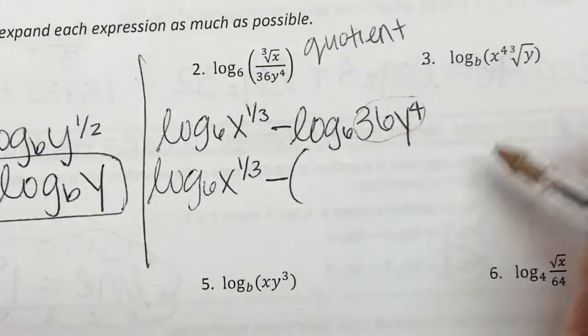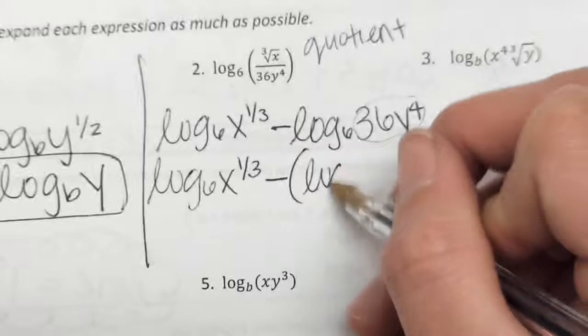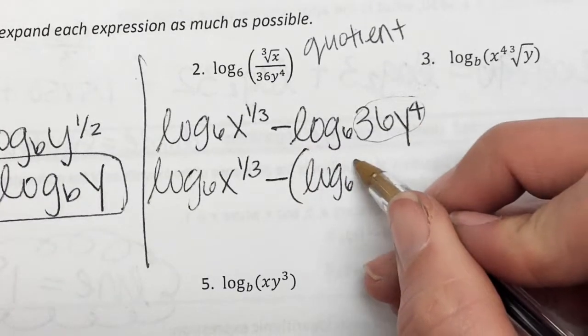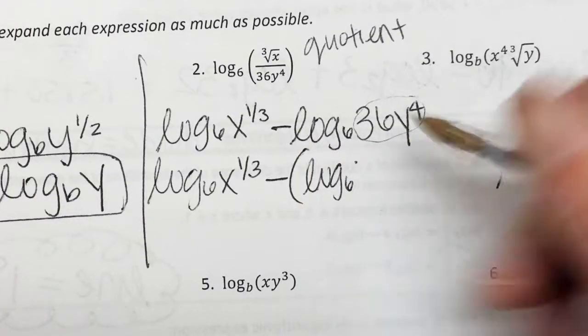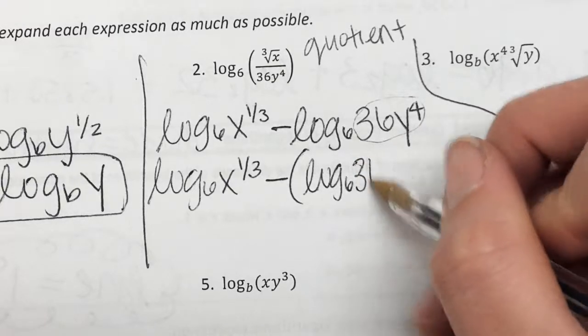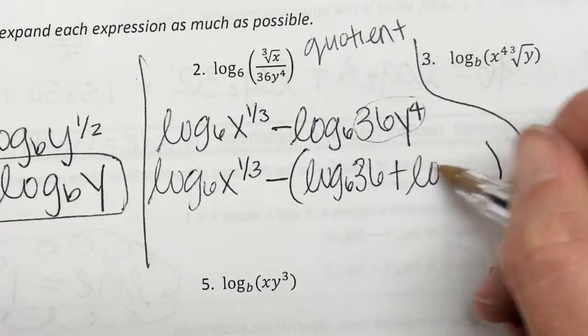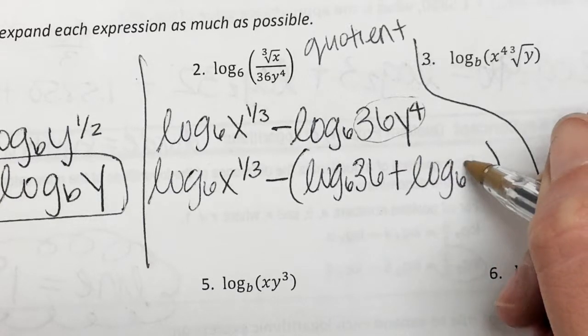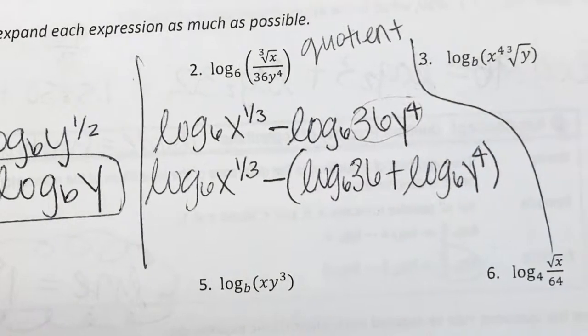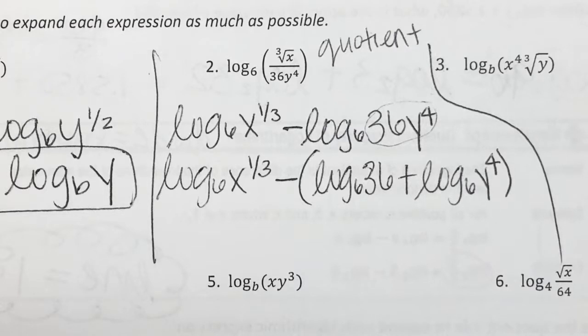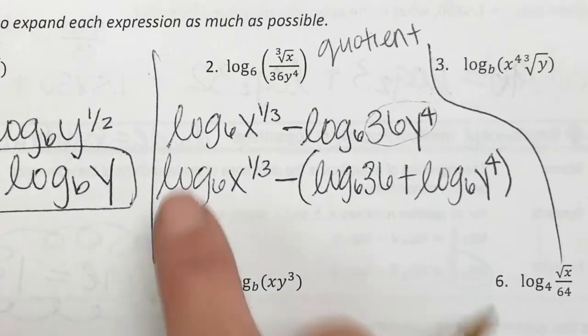Alright, tell me how to break these up. This will be log 6 of what? 36 plus log 6 of what? Very good. Alright, we can do what right here?